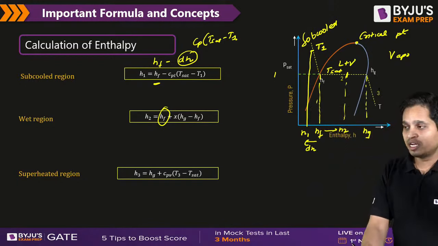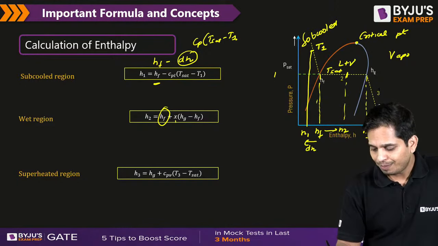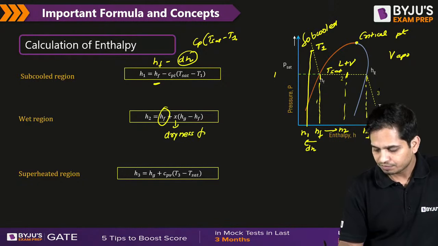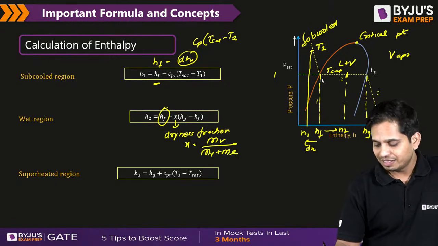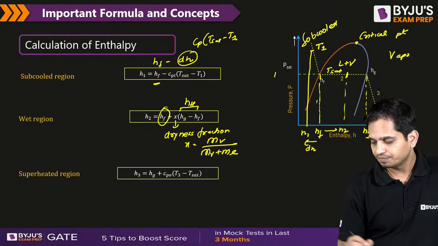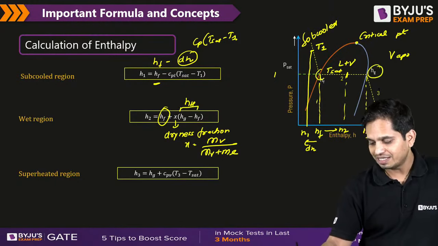So HF plus X times HFG, where X is the dryness fraction. X is equal to mass of vapor upon mass of vapor plus mass of liquid, and HFG is Hg minus HF.